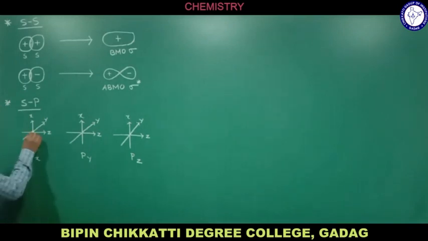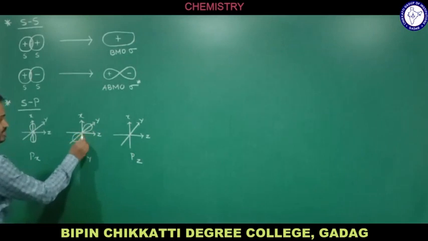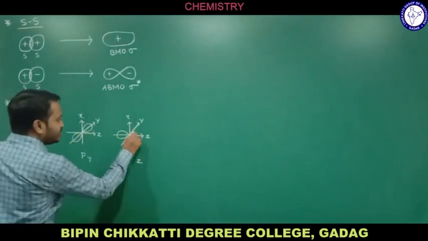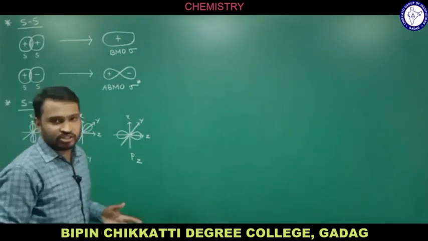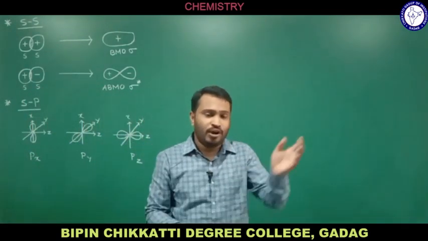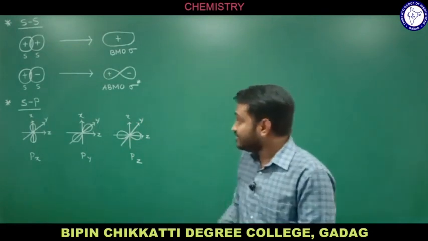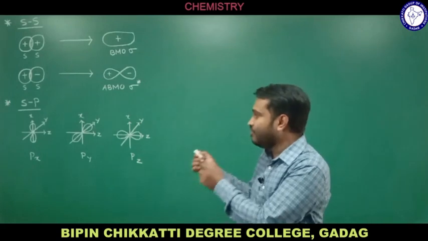This is how the p atomic orbital can be shown. So py, this is how it can be shown, dumbbell shape, and pz in this fashion. But try to know x, y, z are perpendicular to each other. So x axis we have and y axis we have and z axis we have, all these are perpendicular to each other. This is how the p atomic orbitals can be represented in the form of px, py and pz.